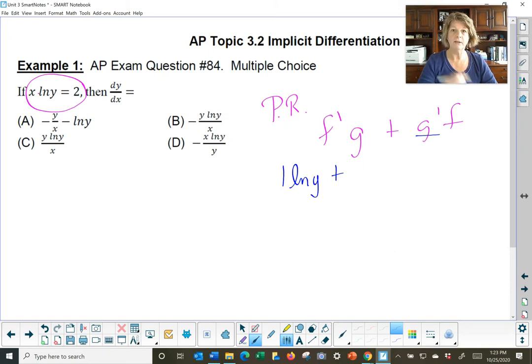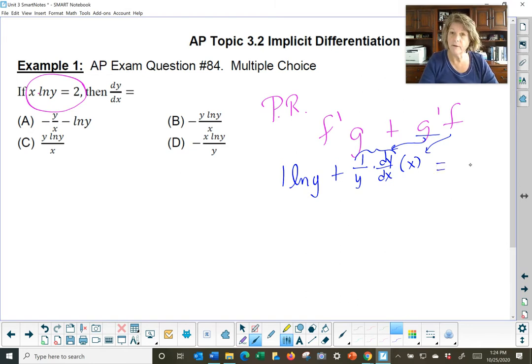The derivative of natural log, well, the rule for that is 1 over u times u prime. So I'd have 1 over y times the derivative of y, dy dx. There's the implicit part. Multiplied by the first, and that would be multiplied by x. So this was all natural log work and then multiplied by x.